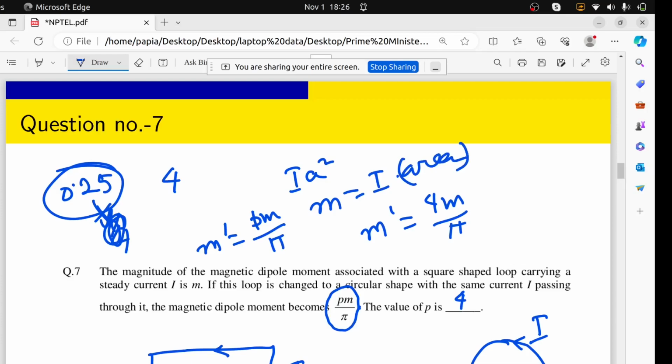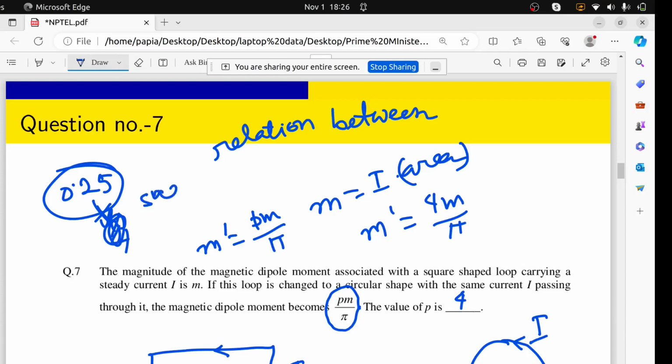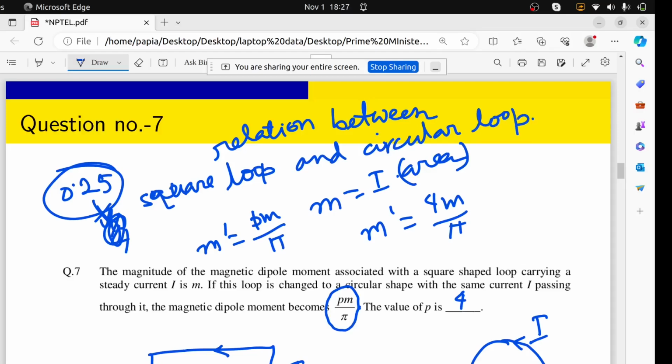And one more thing I have to focus on is the relation between the square loop and the circular loop. So these two things I need to know. After doing these two, I can have the answer that T equals 4.